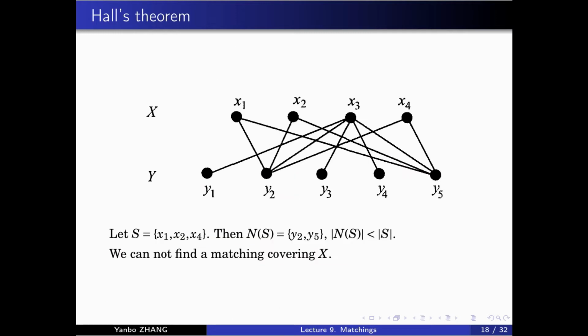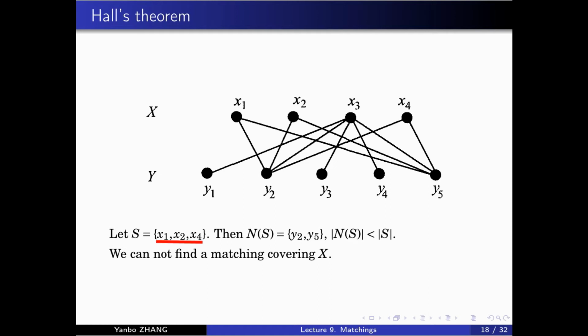Here is another bipartite graph. Using Hall's condition, it's easy to say that there is no matching covering X. The reason is, let S be the set of X1, X2, and X4.